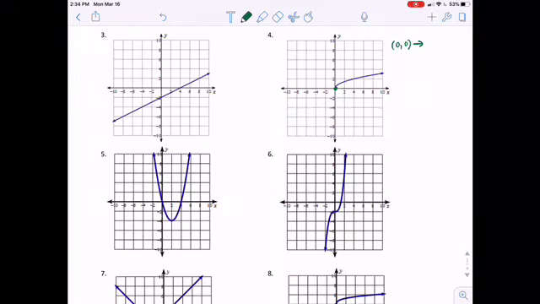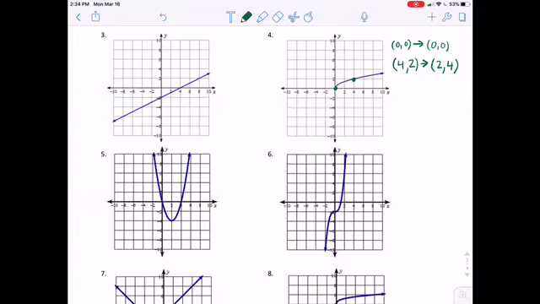Well, if I switch the x and y, that point becomes still 0, 0. So I can see that that point's not changing. But then I'm going to take this point right here, which looks like the point 4, 2. If I switch the x and y there, that point becomes 2, 4.